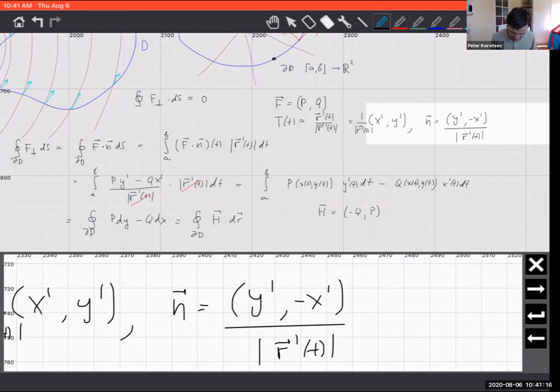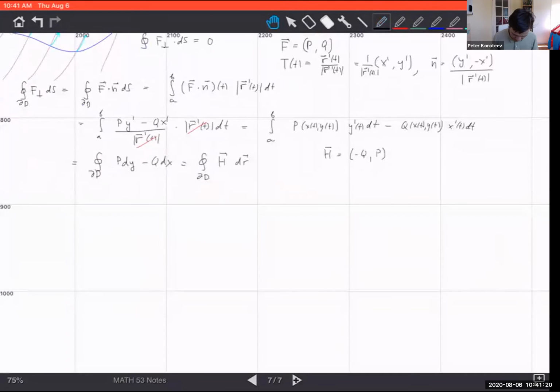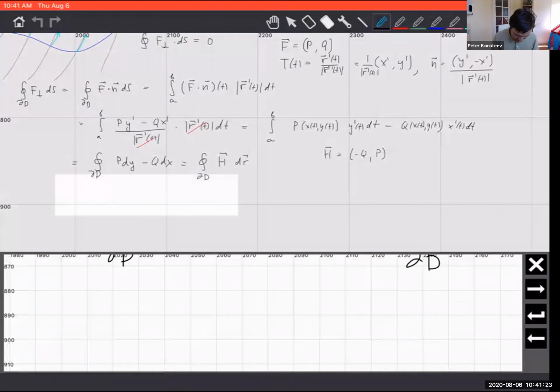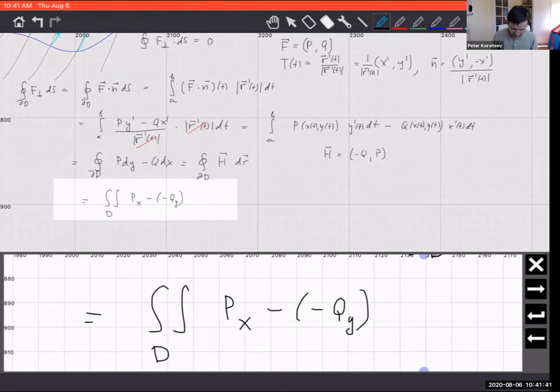And now we can apply Green's formula for the vector field h. What does Green's formula say? It says that this is equal to the double integral over D of the x derivative of its y component, which is p_x, minus the y derivative of its x component, which is negative q_y, dx dy.